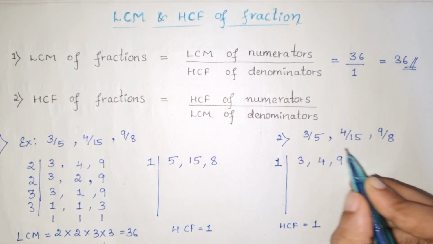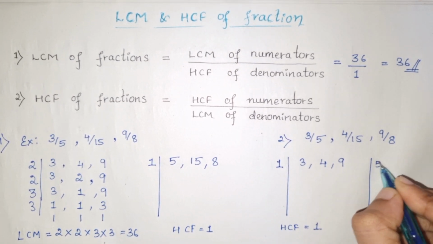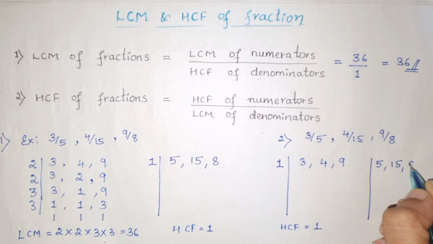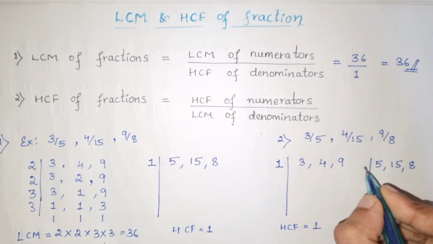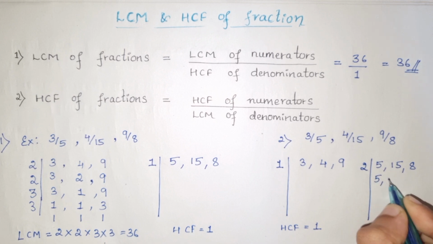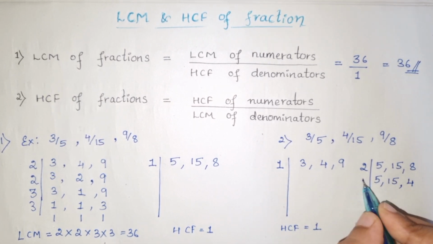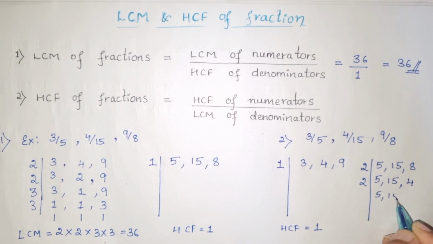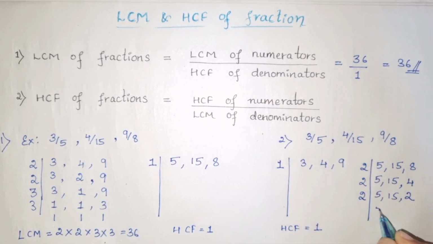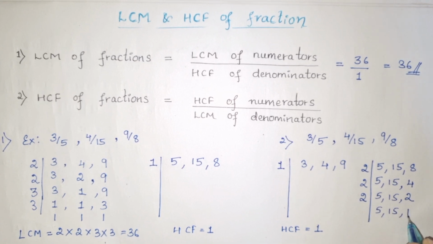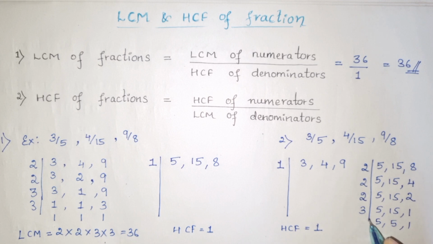Now coming to the LCM of denominators. We'll write all the denominators, that is 5, 15 and 8. We'll have to solve for LCM. So we'll start with 2, 5 as it is, 15 as it is, 2 4s is 8. Again 2, 15 as it is, 2 2s is 4. Again 2, 5 as it is, 15 as it is, 1s. Then 3, 5 and 5, 1.